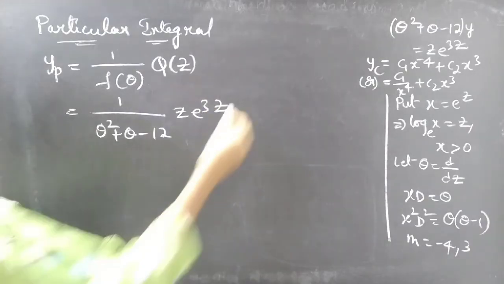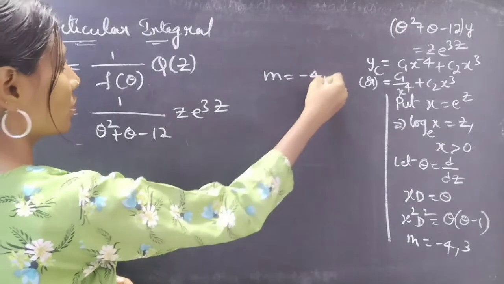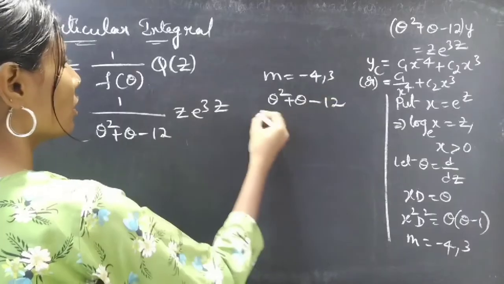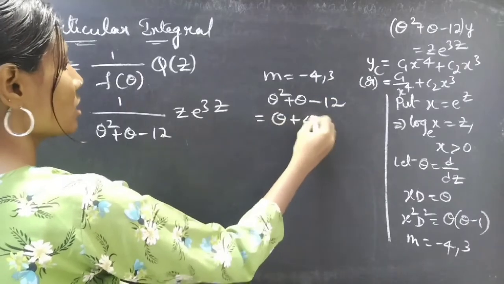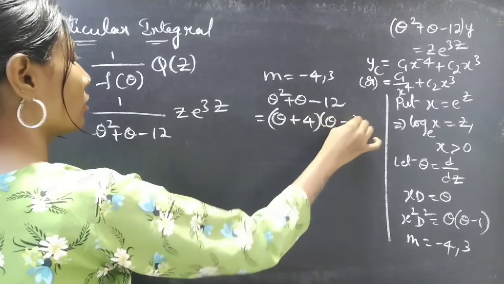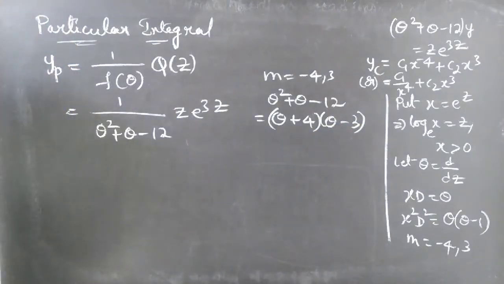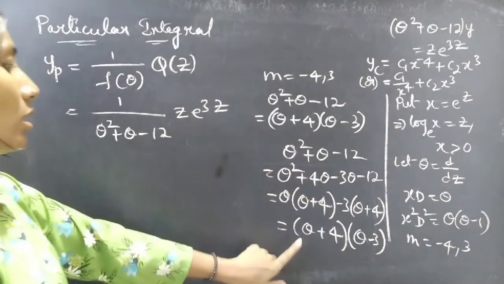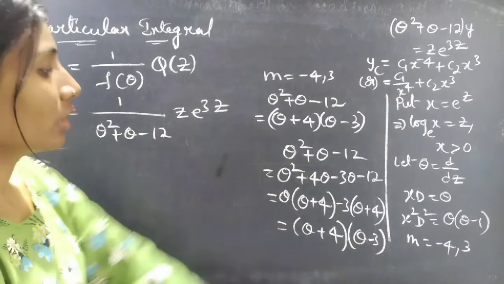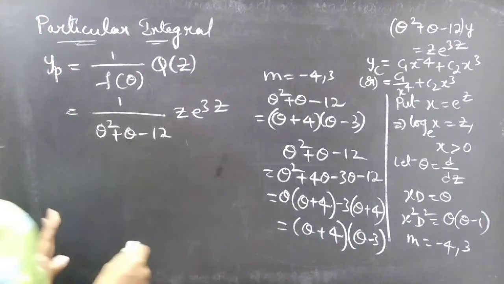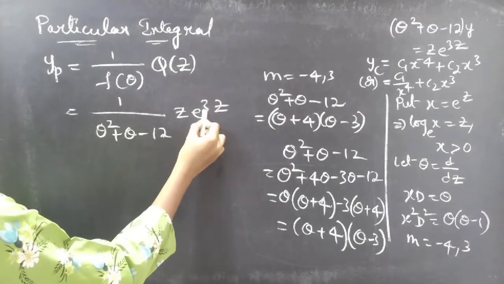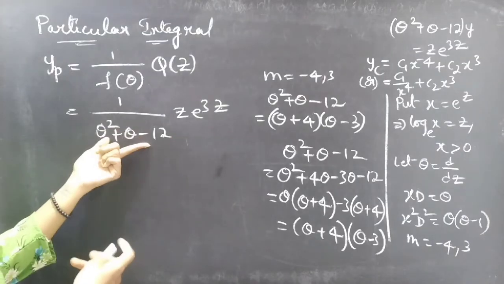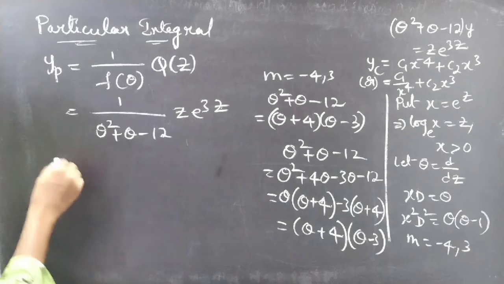We got the roots m = -4 and 3, so we can write theta square + theta - 12 as (theta + 4)(theta - 3). For our convenience, because here I have e power 3z, I am going to write F of theta as (theta + 4)(theta - 3).